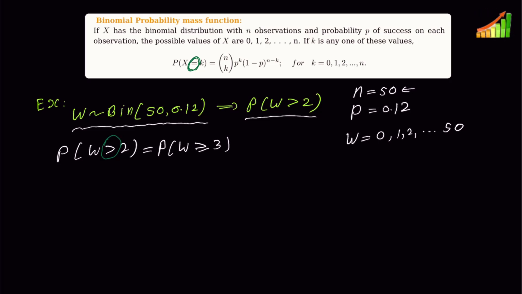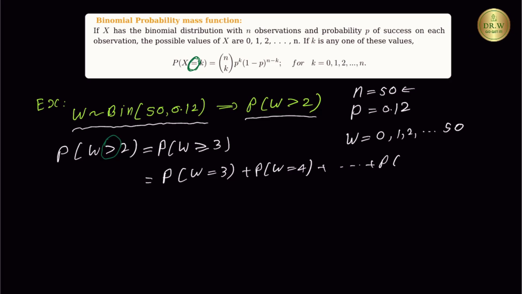3. If you apply the discrete property here, you can write this as the probability of W equal 3 plus probability of W equal 4 up to probability of W equal 50. Because N equal 50, W can take 0 to 50.